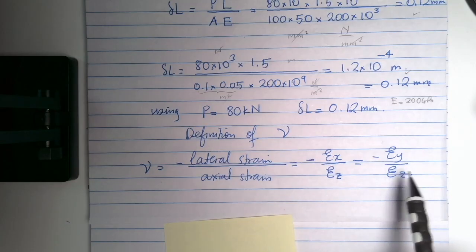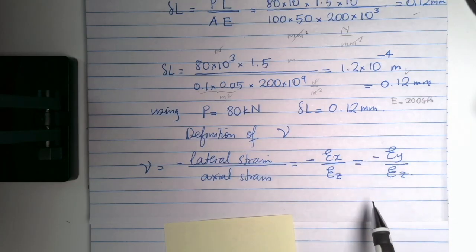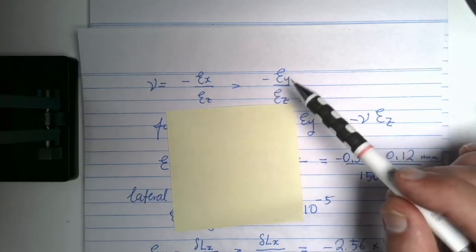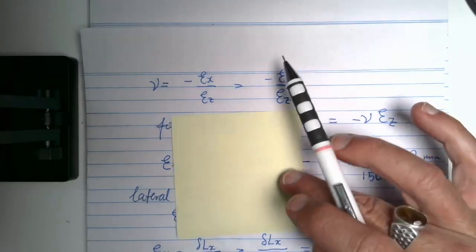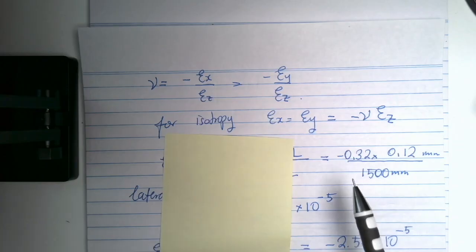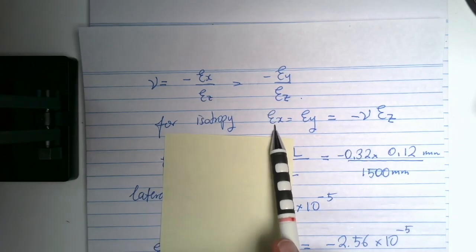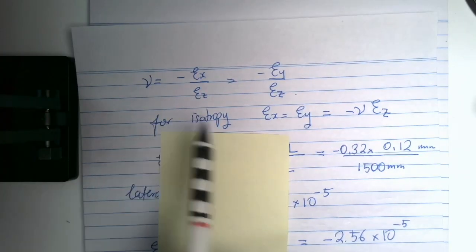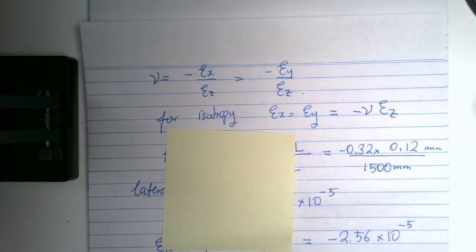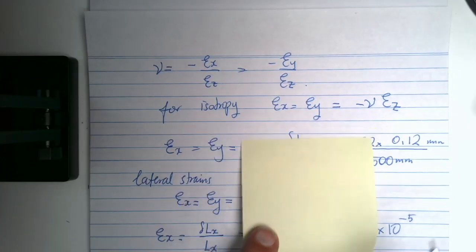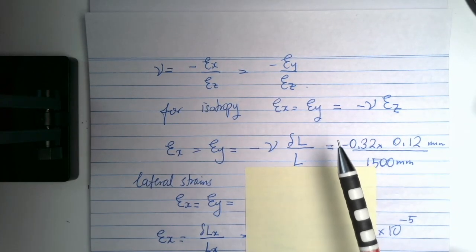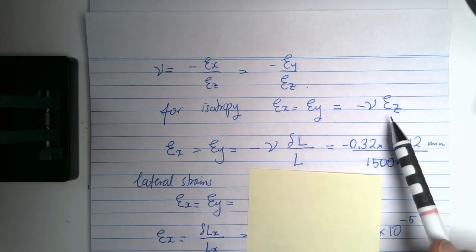Isotropy means there's no direction dependence on the strain. Negative epsilon x divided by epsilon z, negative epsilon y divided by epsilon z. Considering isotropy, epsilon x is equal to epsilon y. So that is minus nu epsilon z, as you see in this representation. Epsilon x is equal to epsilon y, and that is equal to minus nu.